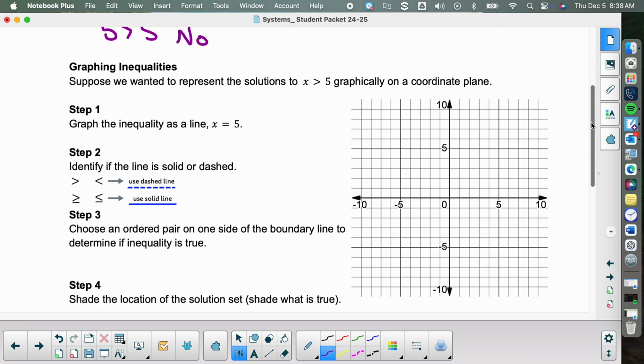Honestly, x greater than 5, you generally would just put on a one-dimensional number line, and you would draw it that way. I know you've done that in the past. But currently we have a two-dimensional number line up here. So we can still do this with a two-dimensional number line.